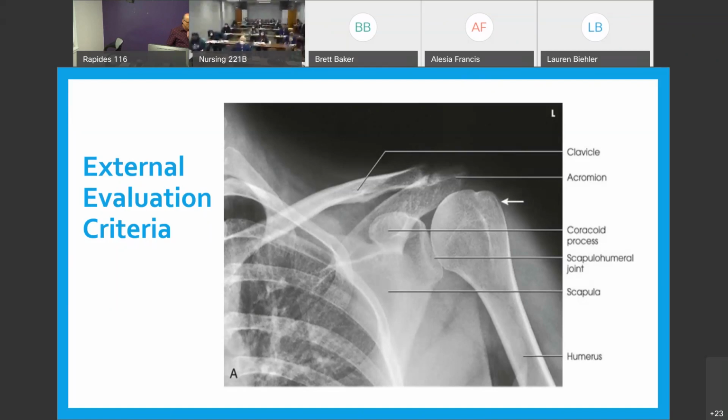Everybody heard that? So your lecture test answer is 1 inch inferior to the coracoid. In your lab, I need you to tell me that it's 1 inch inferior to the coracoid, but that you're going to move the patient over a little so that your collimation gets the sternal part of the clavicle to get a comp.